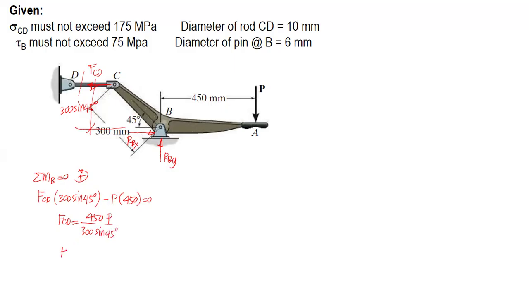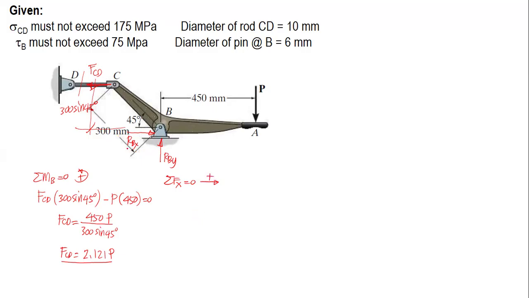So using your calculator, let's divide 450 divided by 300 sine 45. The answer is 2.121 P. So FCD is 2.121 P.